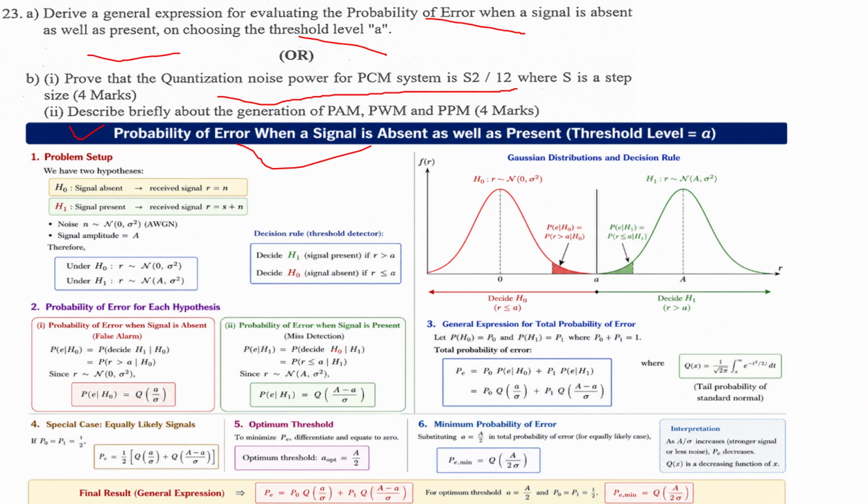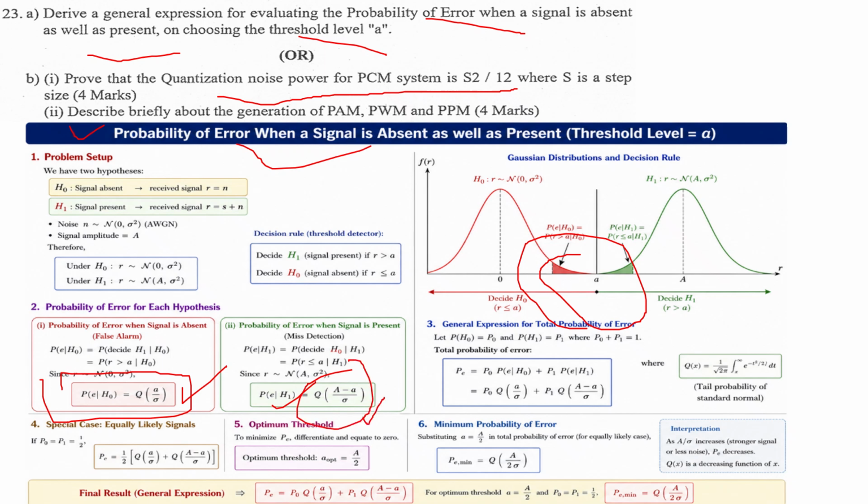So here you can find the probability of error. Probability of error means whenever you are sending 1, you receive 0, and when you are sending 0, you receive 1. So the probability of error under that condition: the conditional probability P of E given H0 will be Q of A by sigma, and P of E given H1 will be Q of A minus A divided by sigma, right?